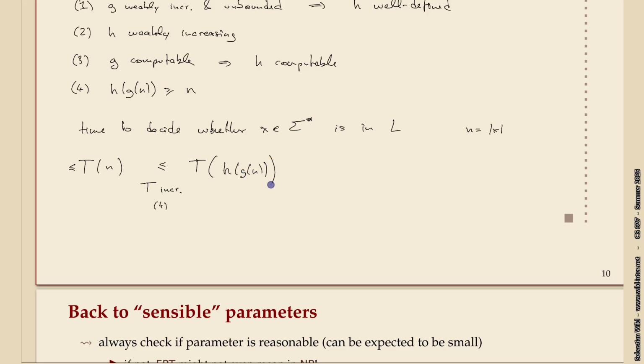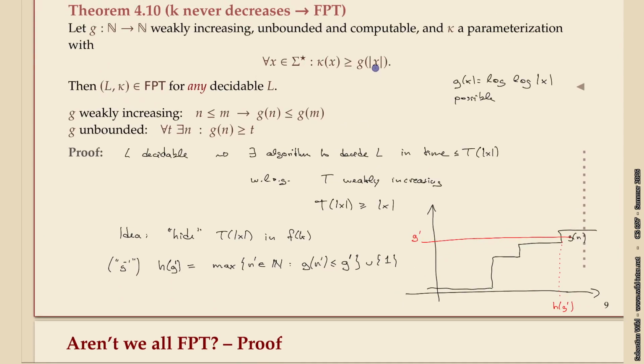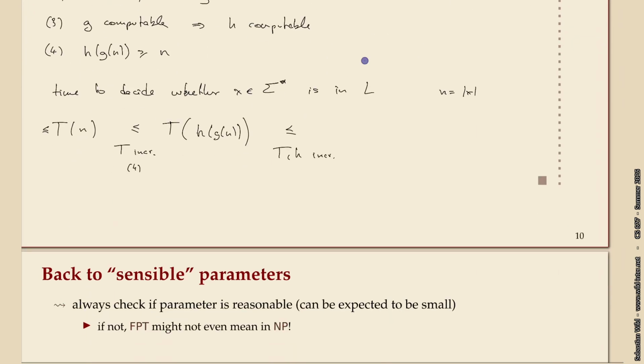Okay, I'm just inserting. Now I'm using that both t and h are increasing. So I can make the argument inside h bigger and only the bound goes up. And g was a lower bound for our parameter. So if I write k for kappa of x, then that is greater than g of n.